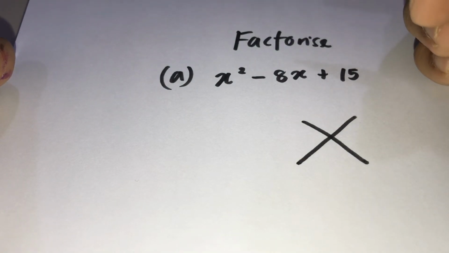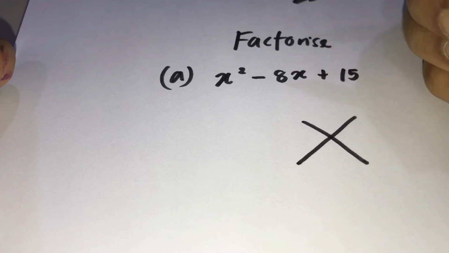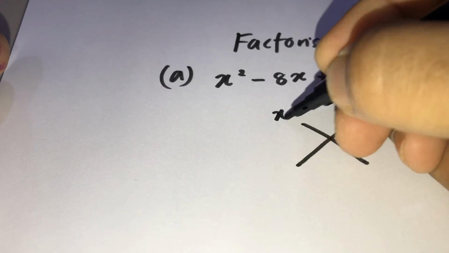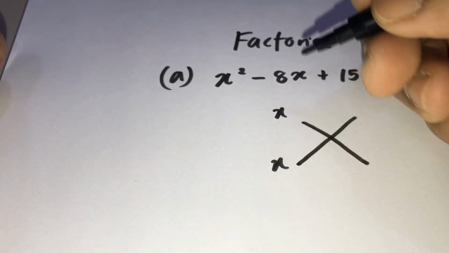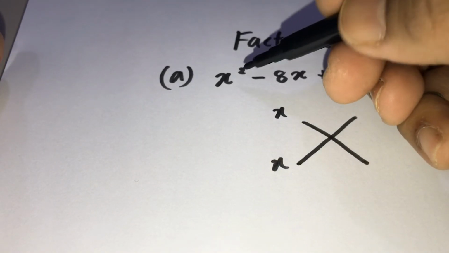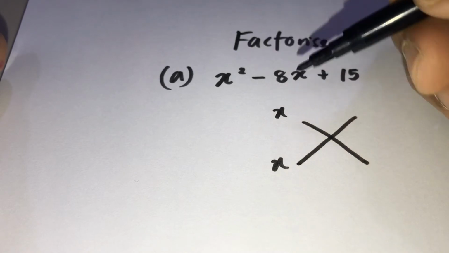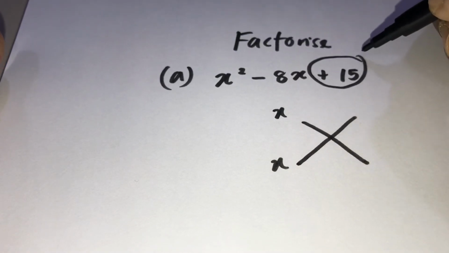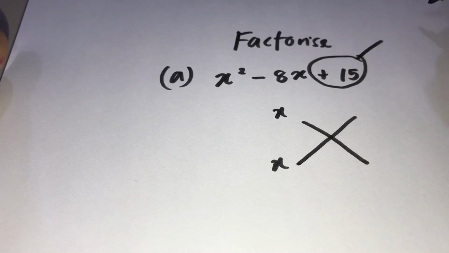I repeat back. So x square, if single, easy, right? After that I give you another. If it is like x square only, that means x times x. Then 15. 1 times 15 you cannot, because here 8, right? So 3 times 5. 3 plus 5 becomes 8, right?